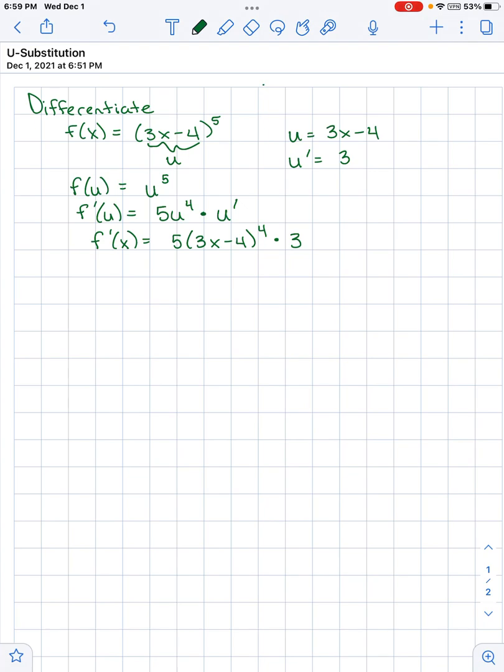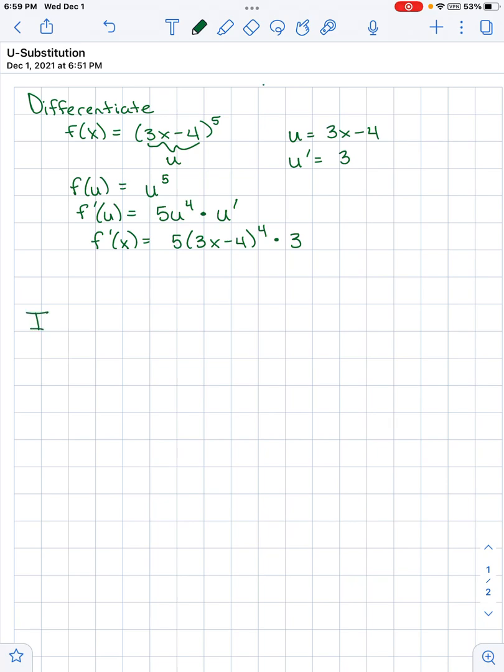What we're going to do now is think about how to work this idea backwards. I'm going to use a problem that's just slightly more simple than this. I'm going to start with finding an antiderivative.